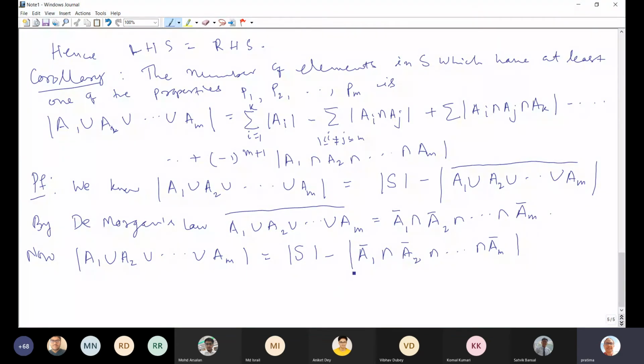Now you substitute the value of this cardinality of A1 complement intersection and so on, and get the result.